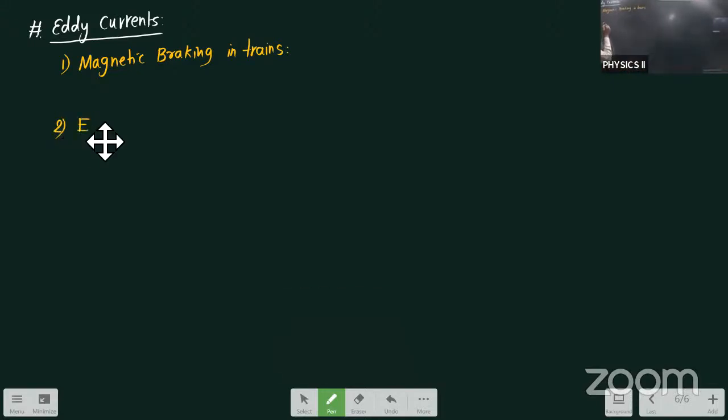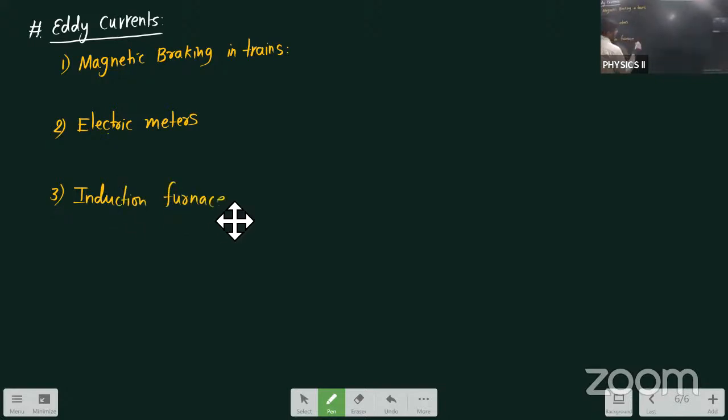Electric meters. What is the next use? Third one, induction furnace.